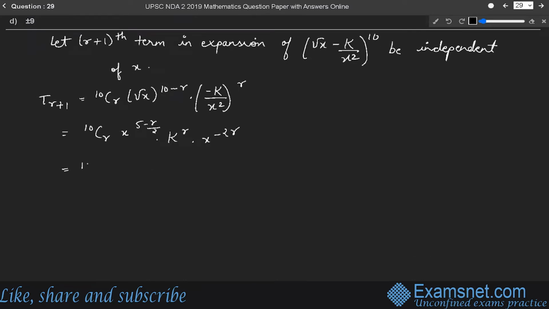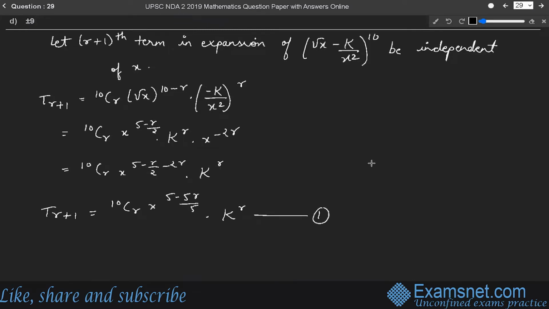So it will be equal to 10Cr x^((10−r)/2 − 2r) into k^r. So T(r+1) will be equal to 10Cr x^((10−5r)/2) into k^r. Let this be equation number 1.